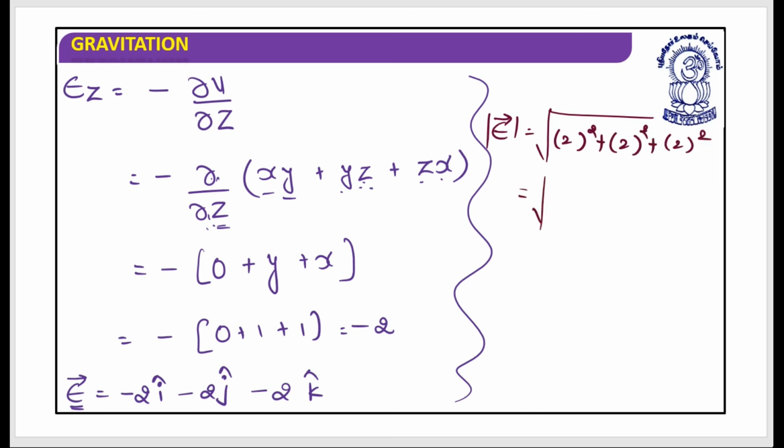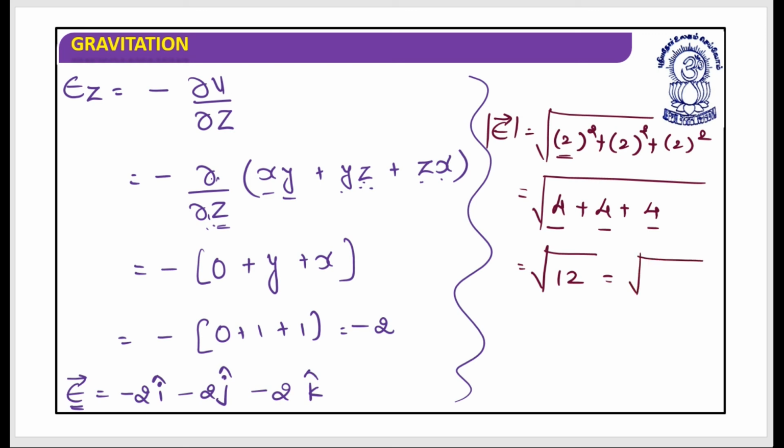So this is 4 plus 4 plus 4, 4 plus 4 is 8, 8 plus 4, it's root of 12. Root of 12 should be written as 4 into 3, this is equal to 2 root 3 Newton per kg.